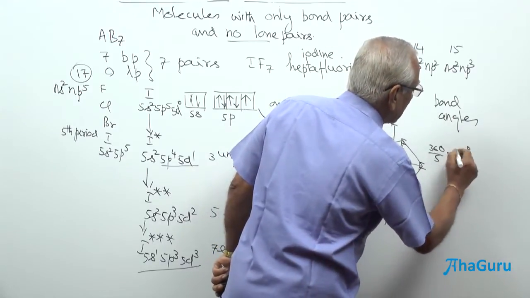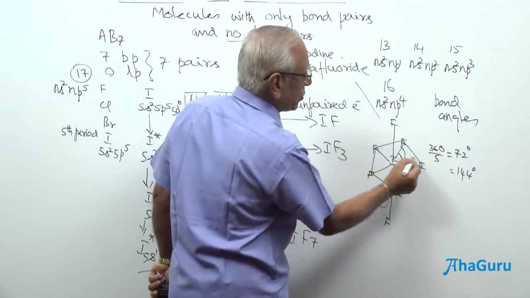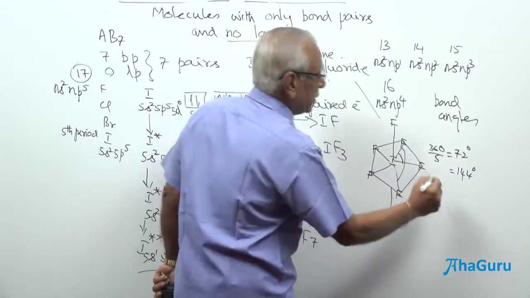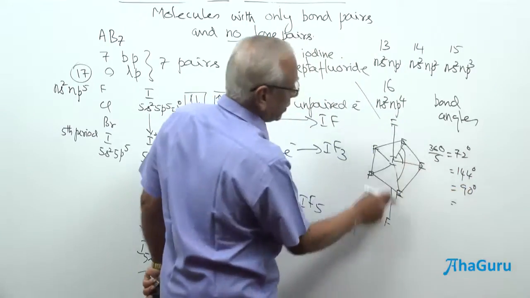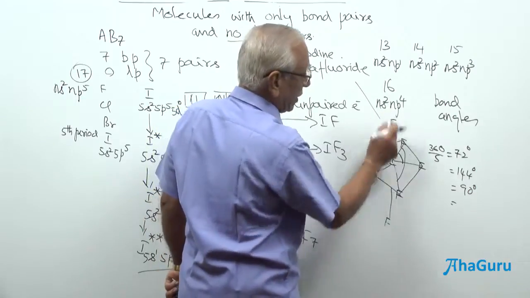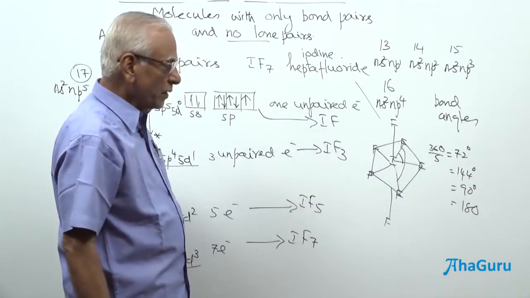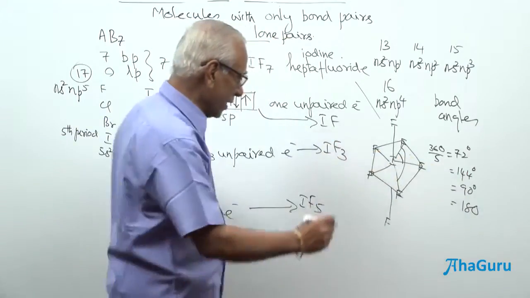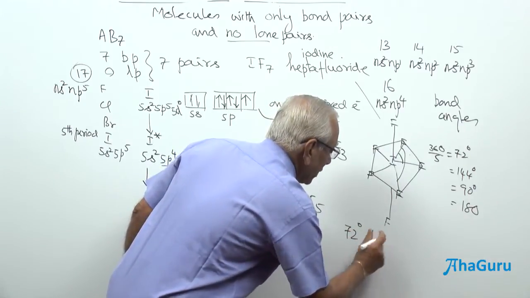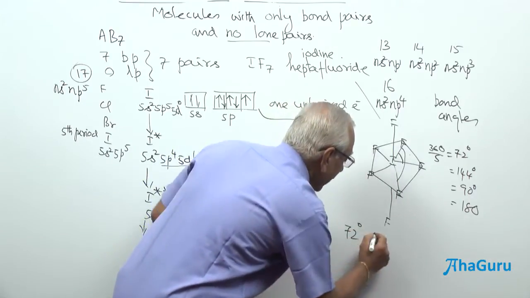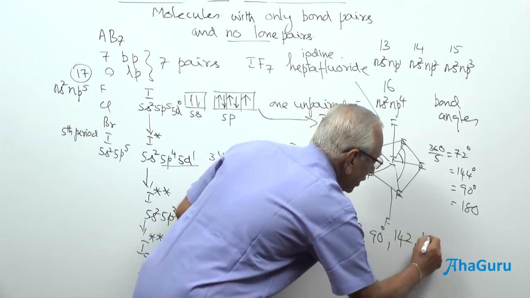So, one is going to be 72, the other one is going to be 144. Now, you should be able to know the angle here. This is perpendicular. Therefore, the third angle is going to be 90. And what should be the fourth angle? The angle between any 2 axial fluorine atoms, linear, 180. So, if you are asked to arrange them in increasing order, the different bond angles are 72, 90, 144, and 180.